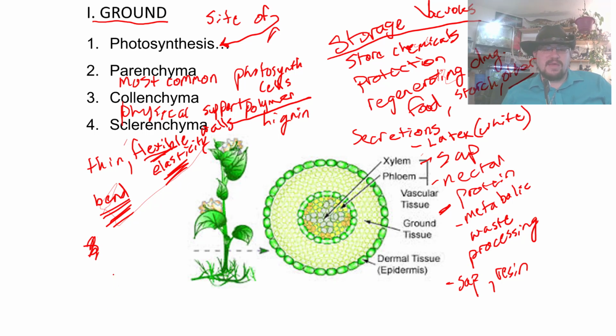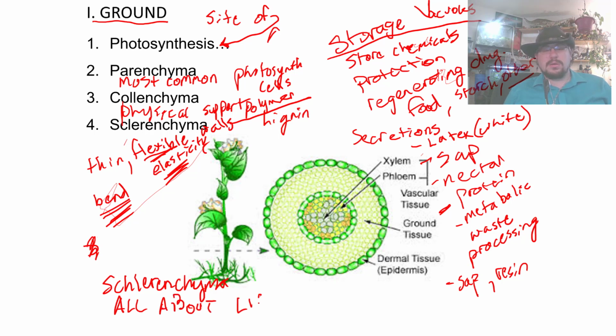And then lastly, we have the sclerenchyma. And the sclerenchyma are all about lignin. In fact, if I asked you where the main source or where the big source of lignin is in a plant, you would answer that it's the sclerenchyma.